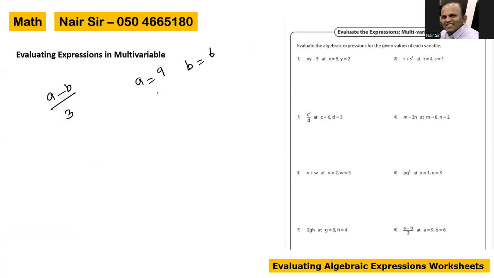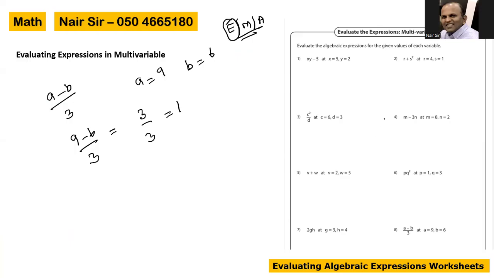Substitute. This is the reason why I said this is easy, moderate, and advanced. So this one, what you're doing is you're doing the easy one, that's the reason why simple things look very simple. 9 minus 6 upon 3, that is 3 upon 3, and that is 1. Clear, done, dusted. I think there is no other question which I need to address.